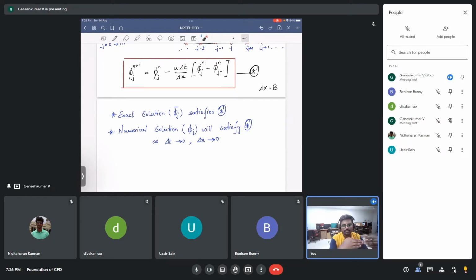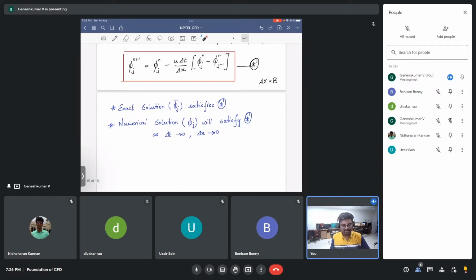As you march in time, at the first time step you will have some error, and at the second time step, in addition to that error, you will have some more error, because all of these are approximations. If this error continues to increase, then your scheme is going to become unstable. That's why stability analysis is very important.